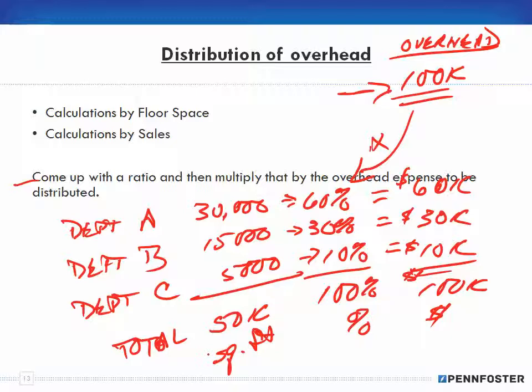You're adding up whatever the metric is, coming up with a percentage for those departments or sections, the same concept just applied against a different thing. A percentage comes from a ratio, and I'm multiplying it by my overhead expense to know how much to allocate to that particular department.